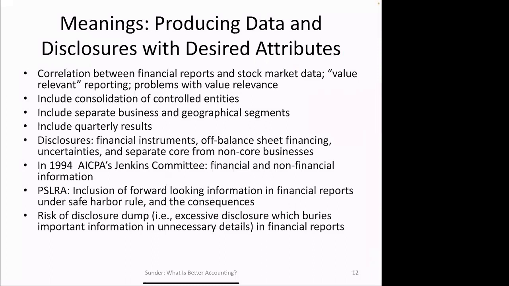Then there's a third idea, that accounting should produce data and disclosures with some desired attributes. In the last 50 years or so, the most popular desired attribute, at least in accounting academia, has been correlation between financial reports and stock market data, which is also referred to as value relevant, but I'm not going to go into details on that.